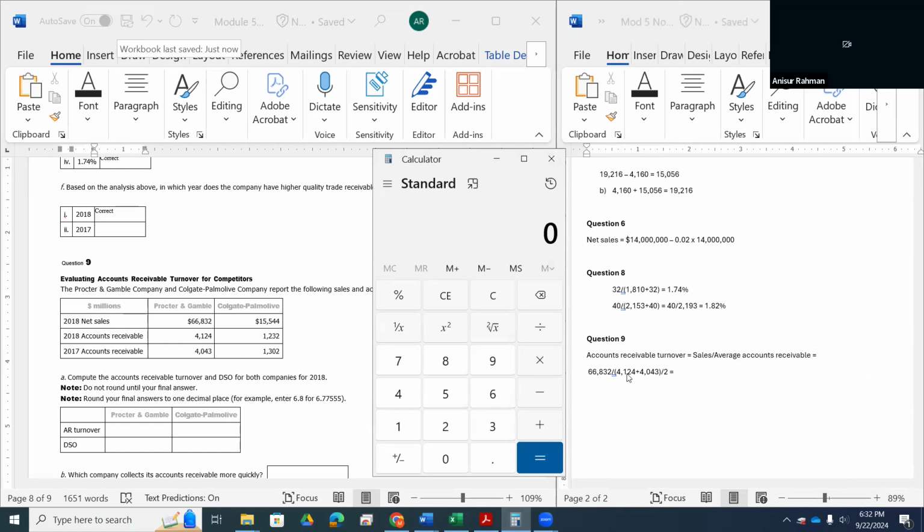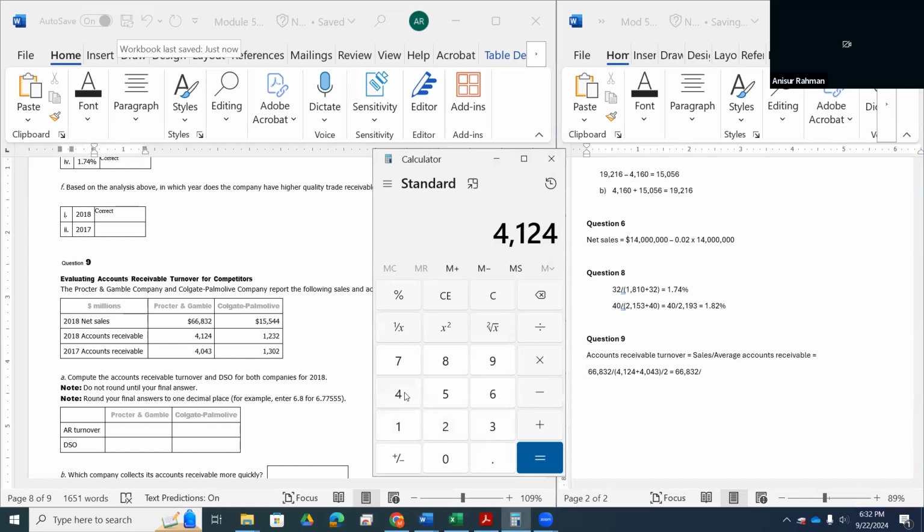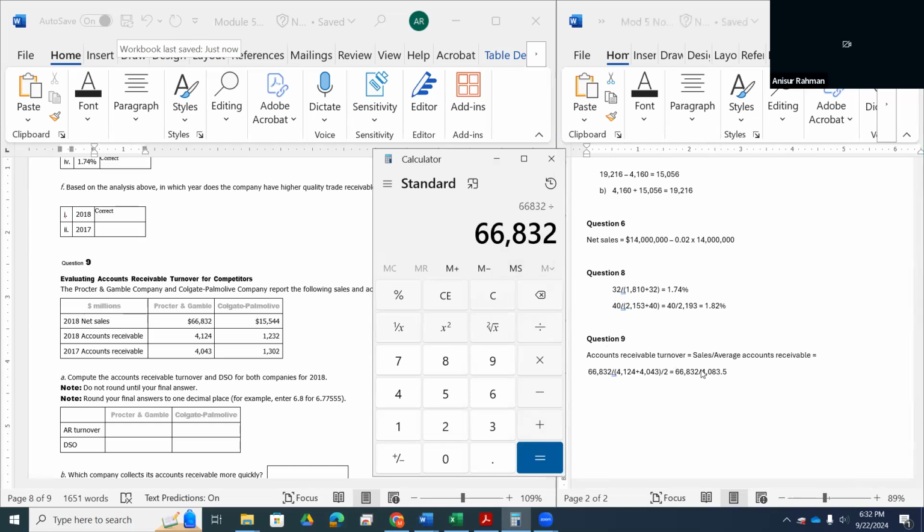I'll calculate the denominator first. So we have to round to 1 decimal.